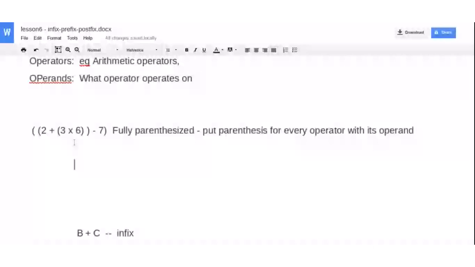With the brackets, it's very obvious where you should start. The brackets guide you as to where you should start. In this case, you start here at 3 times 6. And once you are done with that, you have this bracket here, which will now be 2 plus what you get after doing 3 times 6, which will be 18.